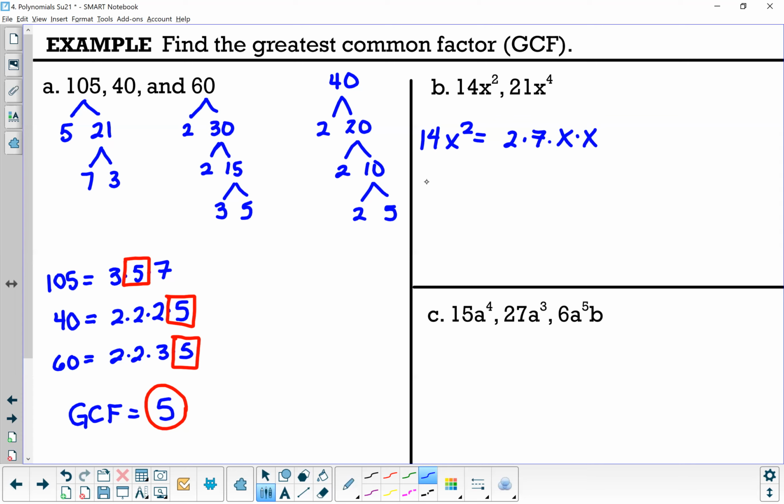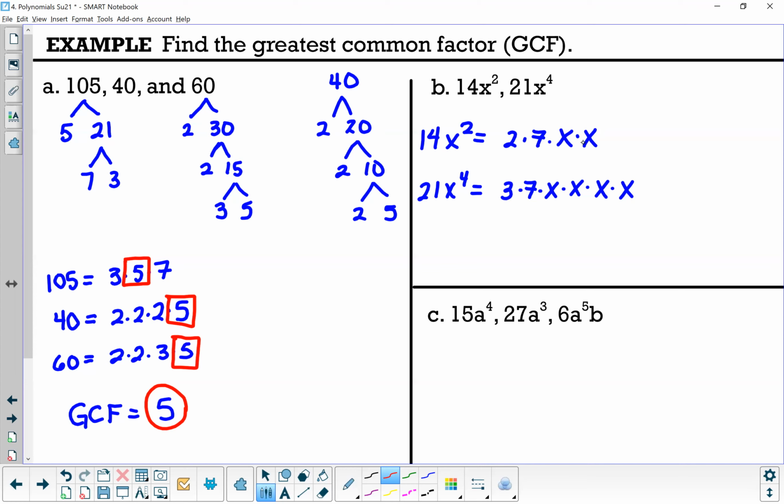Now for 21x to the 4th, that breaks down into 3 times 7 times x times x times x times x.